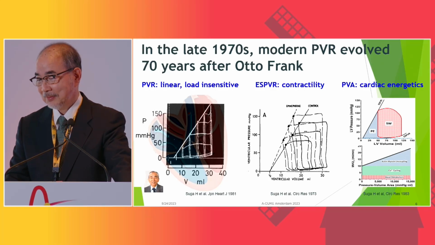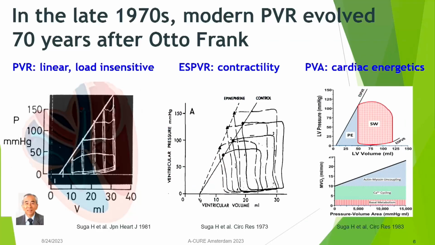So I joined Johns Hopkins in 1978. I was just finishing my initial part of my cardiology training. And at that time, Hopkins was really a special place. And a guy, Hiro Suga, had been working on the end-systolic pressure-volume relationship.